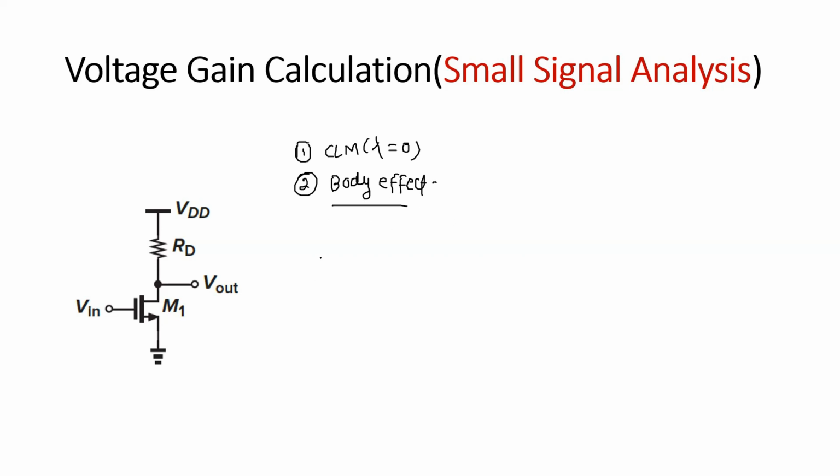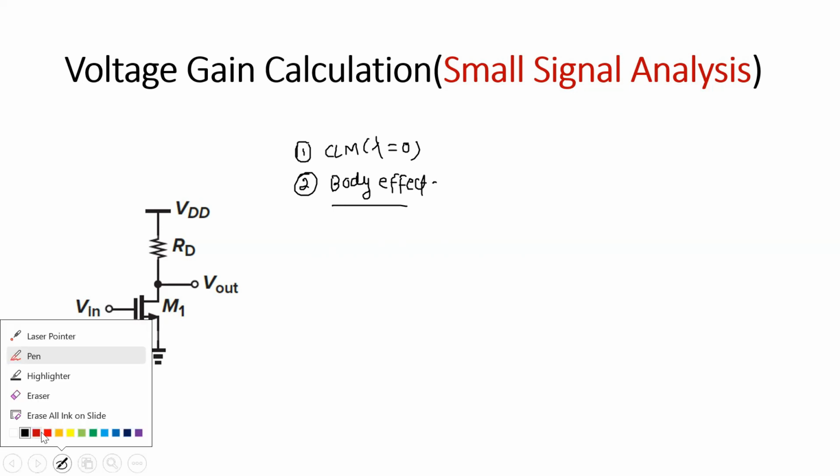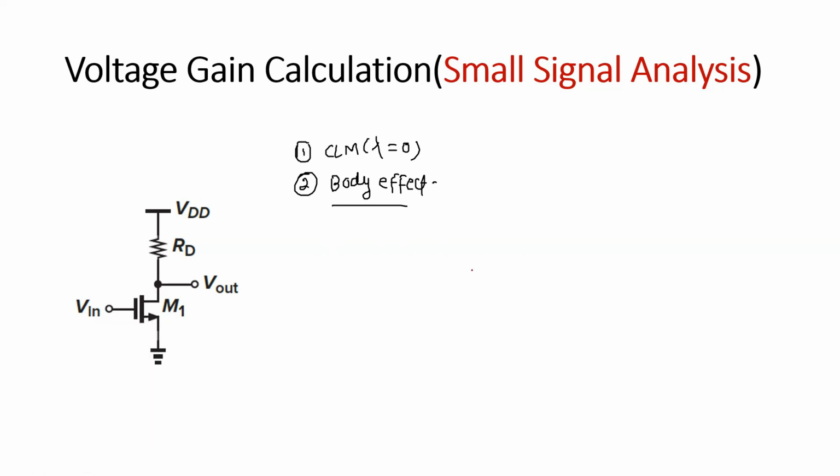But in this video, I'll consider both the effects together and how these effects will modify the small signal model. So actually this CLM, when lambda is non-zero, will introduce the output impedance inside the small signal characteristic, which is equal to 1 upon lambda ID.